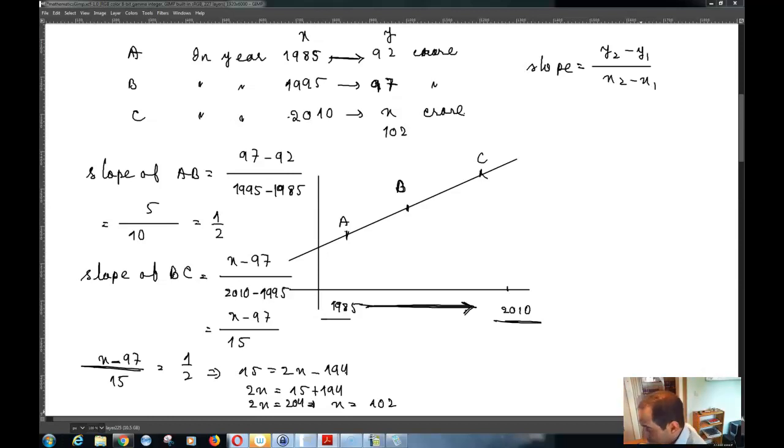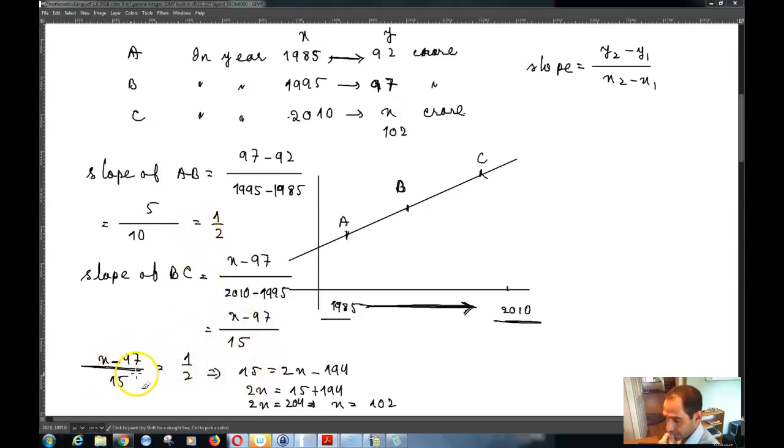And it seems that I have made some sort of mistake here. So x minus 97 over 15 is equal to 1/2.